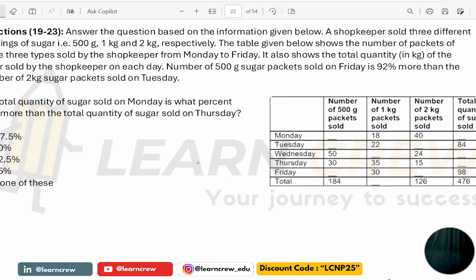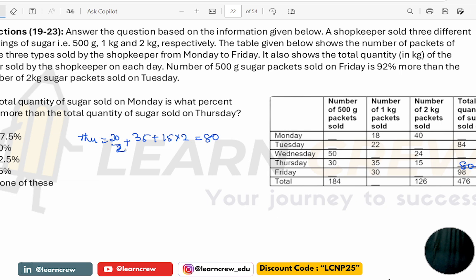On Thursday it is 30 by 2 plus 35 plus 15 into 2, which is equal to 80. Okay, so this total is 80.